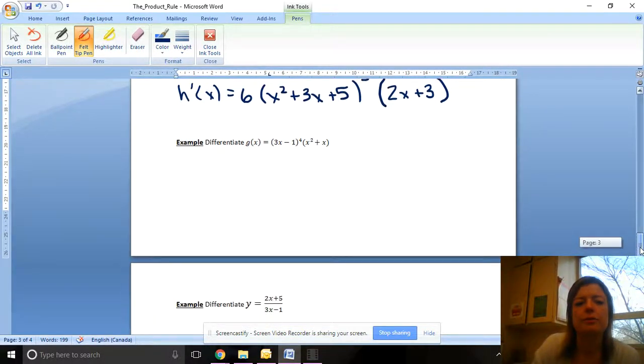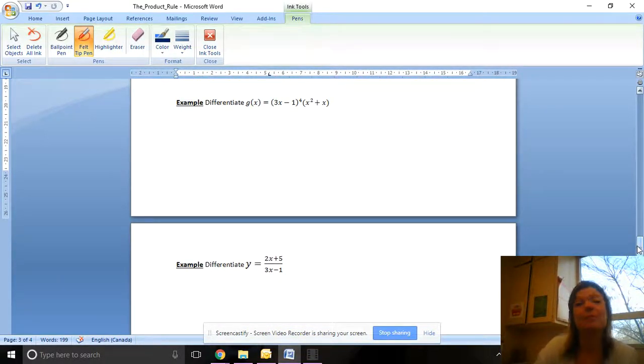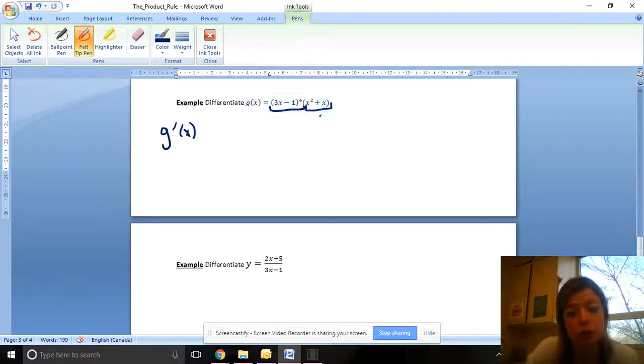Okay, so now we're going to put that rule together with the product rule. It's going to get really fun. So you have to look at this as two functions. This is our first function, and this is our second function. You really need to stay focused on that point. So this is function 1, and this is function 2.